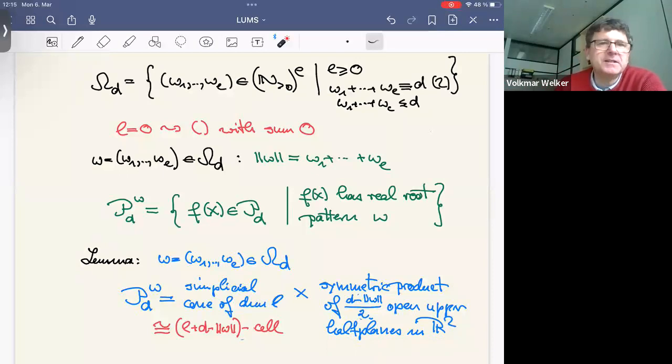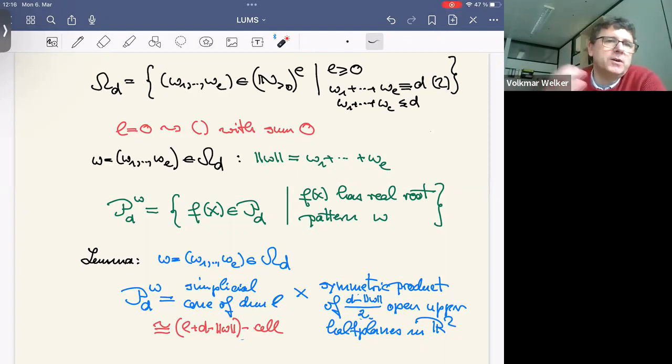And then, of course, you can take a product. This number describes how many complex roots there are: d minus the number of real roots. Since they come in pairs, you only need to describe half of them. For describing them, you take points in these half planes, the direct product of these half planes.